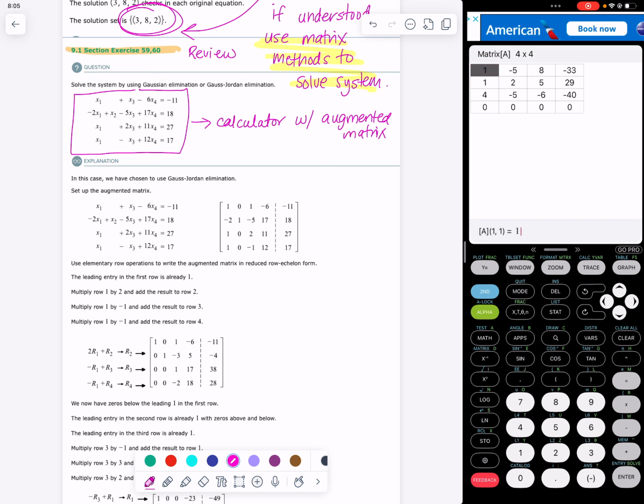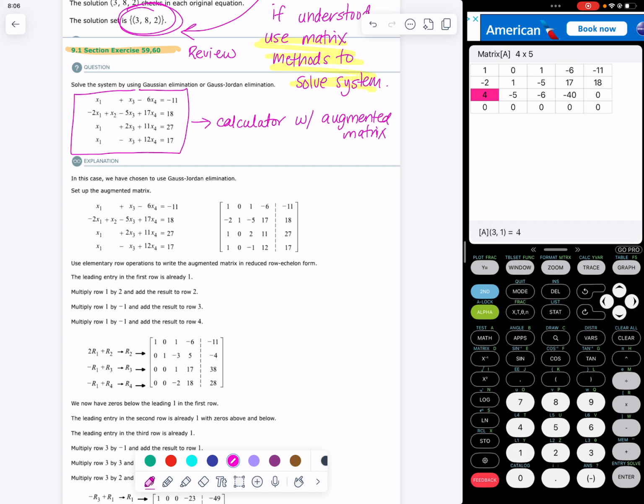So we have a 1, a 0, a 1, a -6, and you know what? This is a 4 by 5. We're probably saying, what in the world? It's a 4 by 5 because we have 5 columns, -11, okay? And I'm just going to keep pressing enter. -2, 1, -5, 17, and 18.